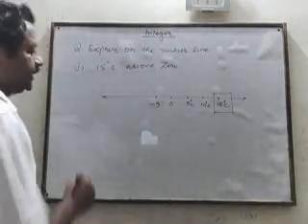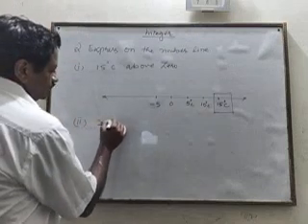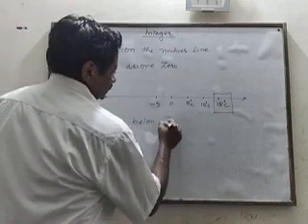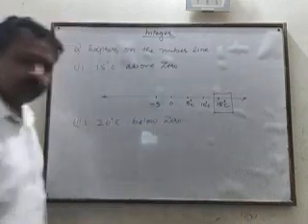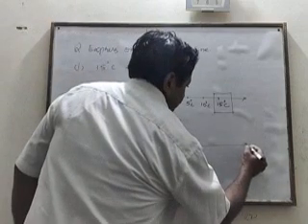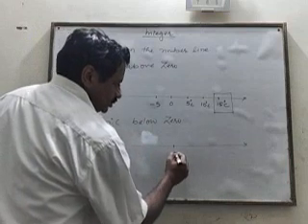Similarly, 20 degrees Celsius below 0. So again I will make the number line. Here in the middle, I am taking 0.